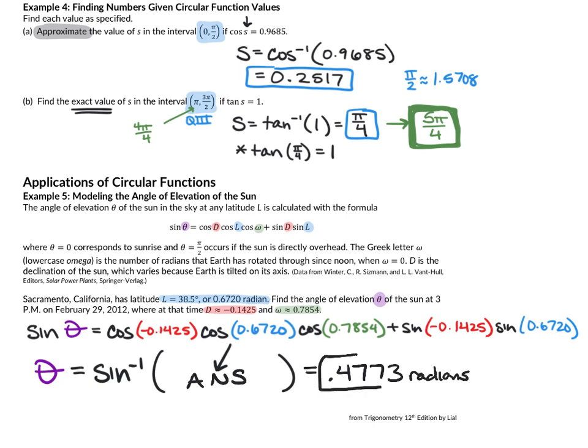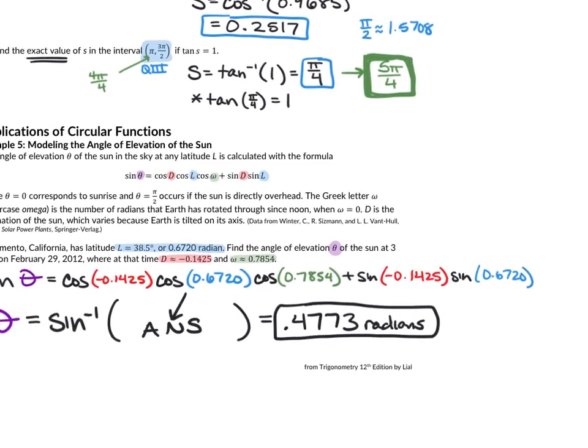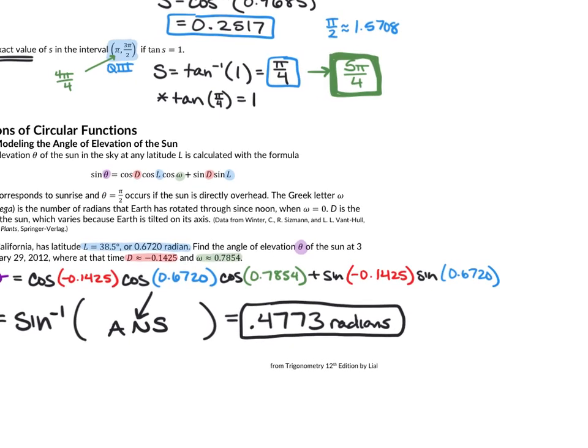Okay, it doesn't say it in this question, but what if I were to ask you to give your answer in degrees? How do we change this back to degrees? Sorry, it's the other conversion because we're already in radians, so we want the pi to go away.